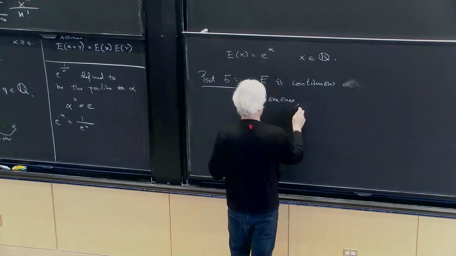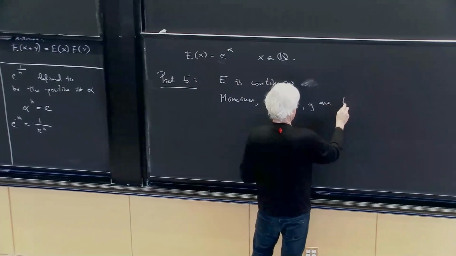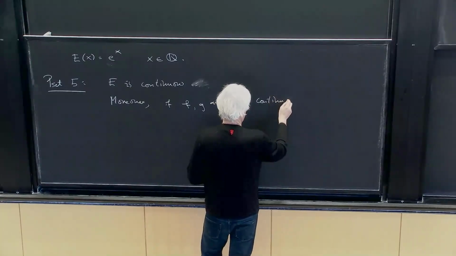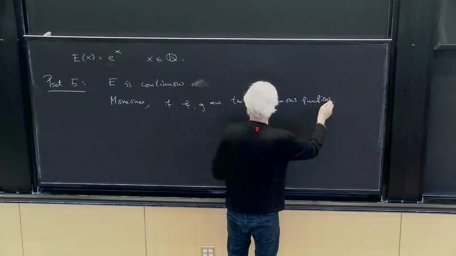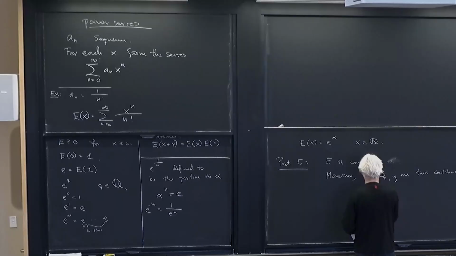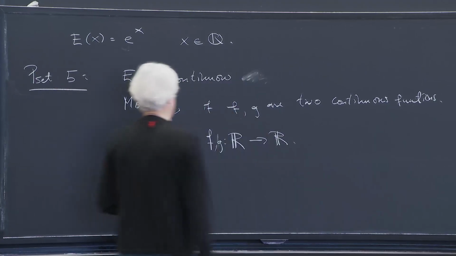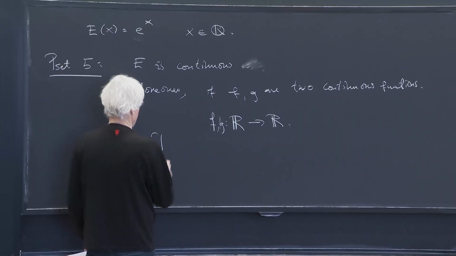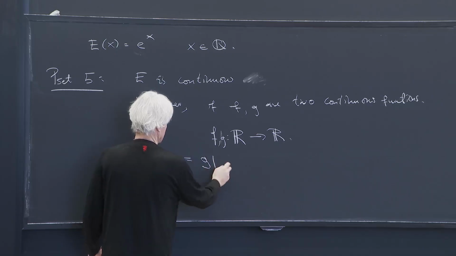That if f and g are two continuous functions, both defined on the real numbers, and you assume that if you restrict them to the rational numbers, then the two functions are equal.